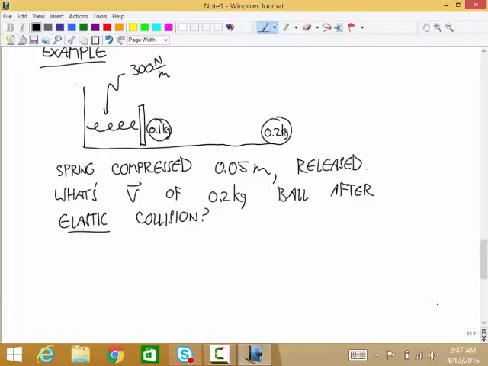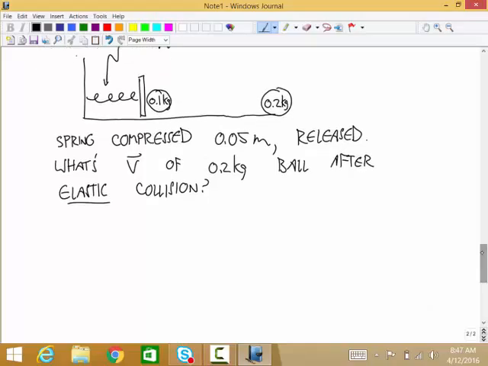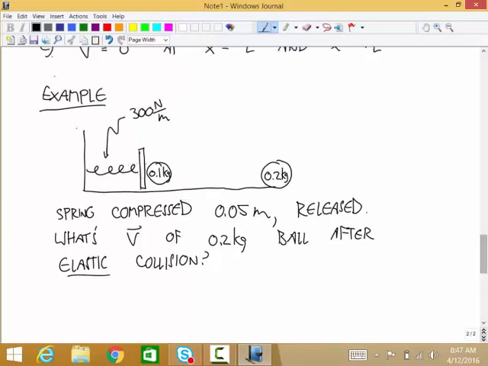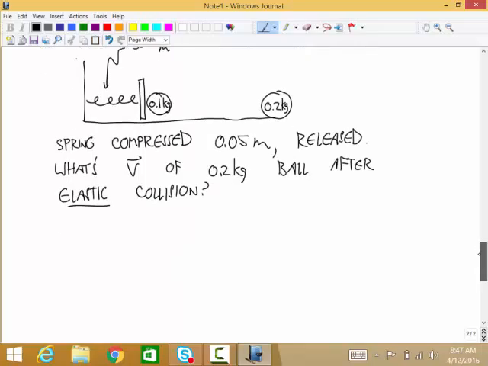See if you can. So what we're going to do is use the work energy principle to figure out how fast the 0.1 kilogram ball is moving once it leaves the spring. And then after it leaves the spring, we're just going to do conservation of momentum to figure out what happens during the collision.